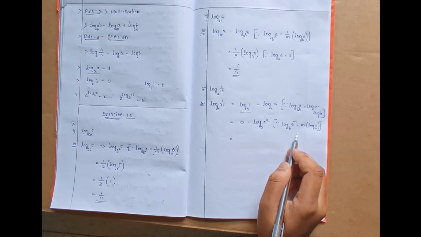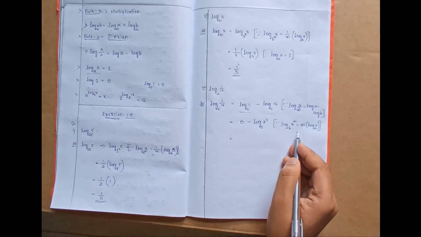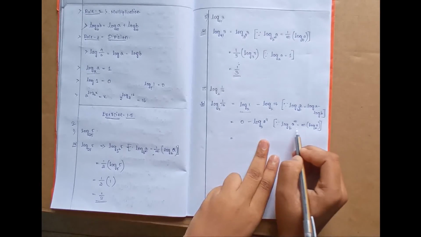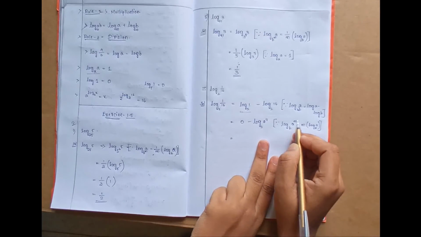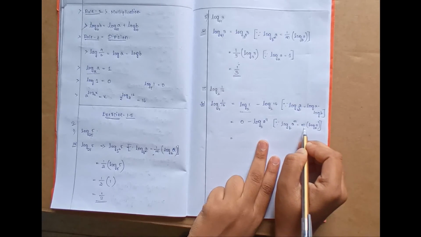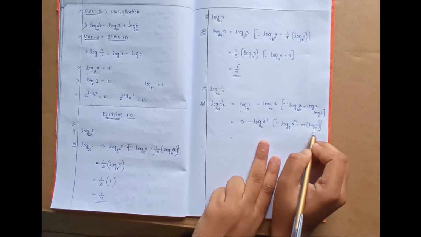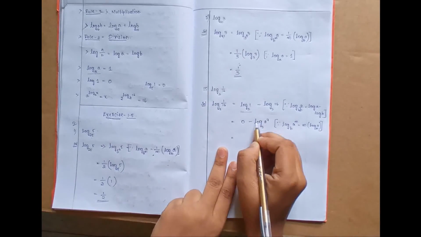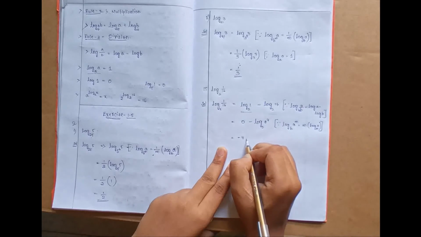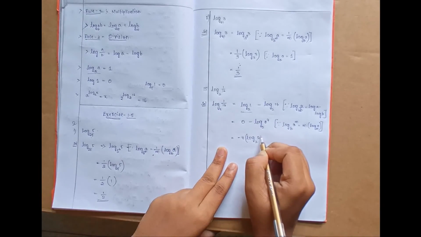When we have an exponent for the logarithmic number, we should take it out and multiply it with the logarithmic number. So now let's take it out: minus 4 log 2 to the base 2.